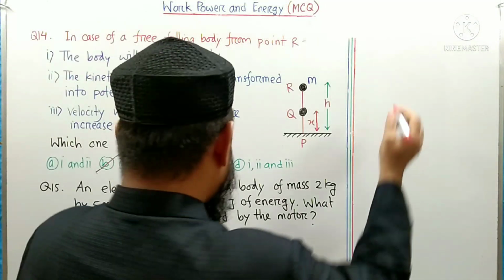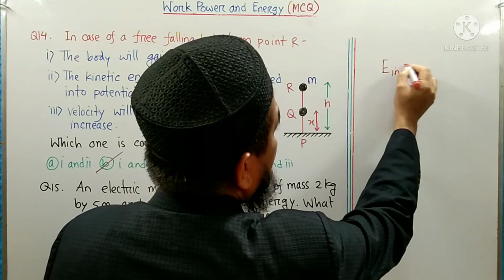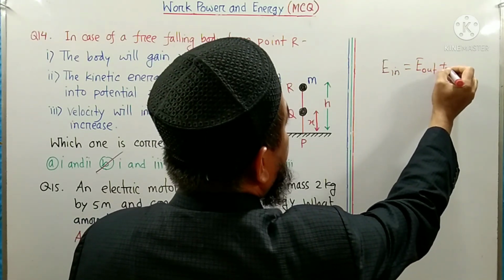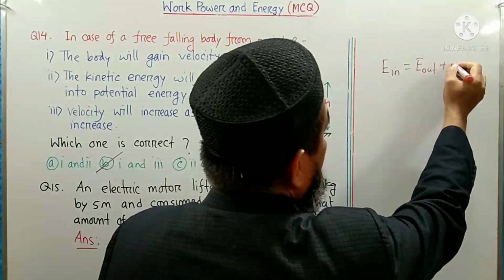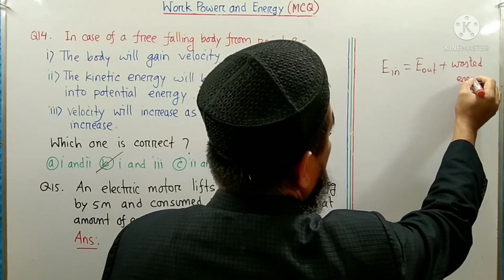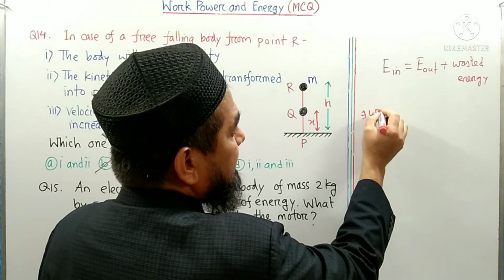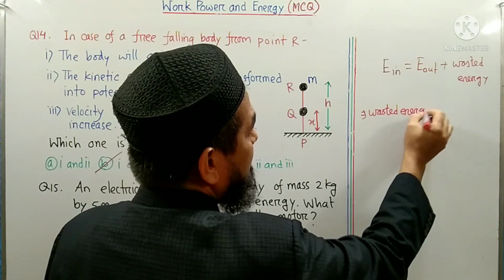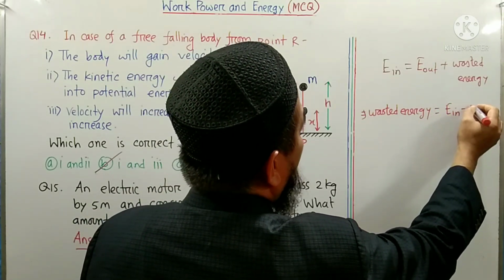So we know input energy equals output energy plus wasted energy. So we can write wasted energy is equal to input energy minus output energy.